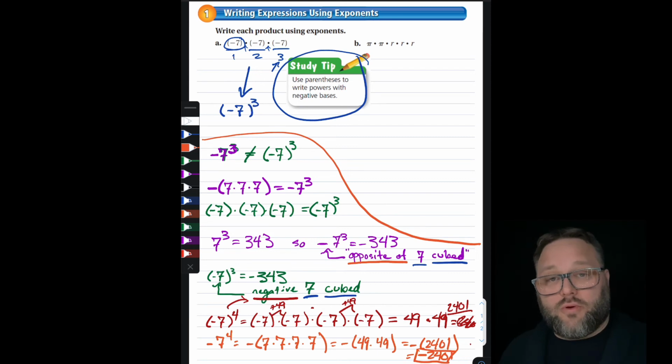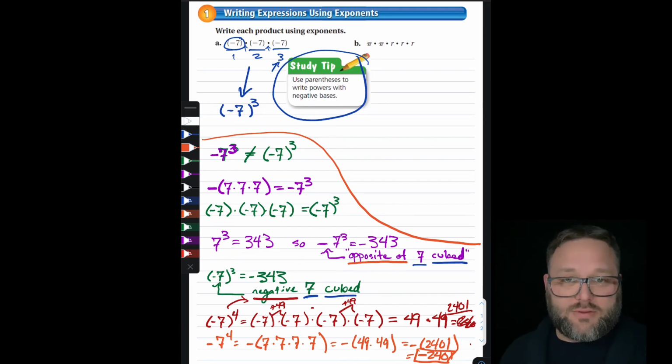If there are no parentheses and a negative sign, then my answer will be negative. It doesn't matter if my exponent's odd or even. A lot of words there. You can shortcut it however you want to, but that's how it works with negative signs on our bases, parentheses, no parentheses, and exponents.